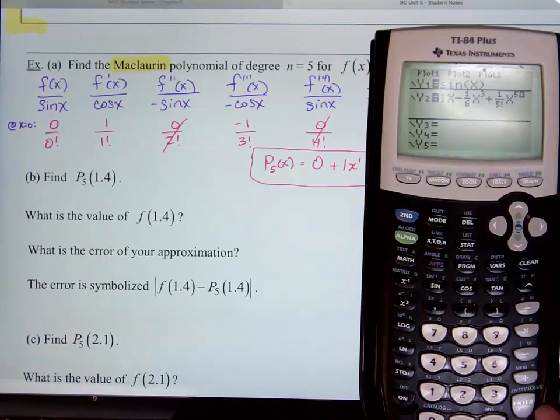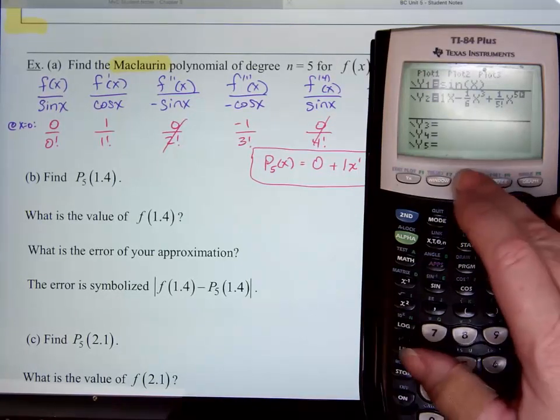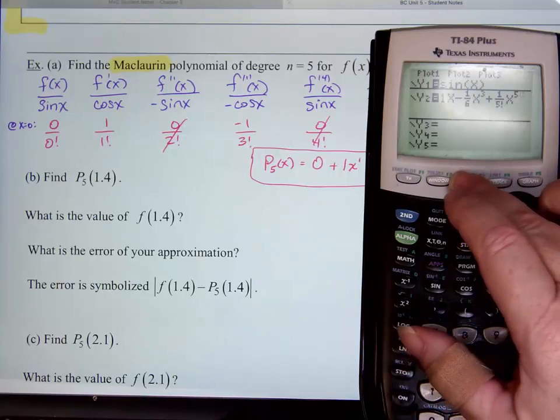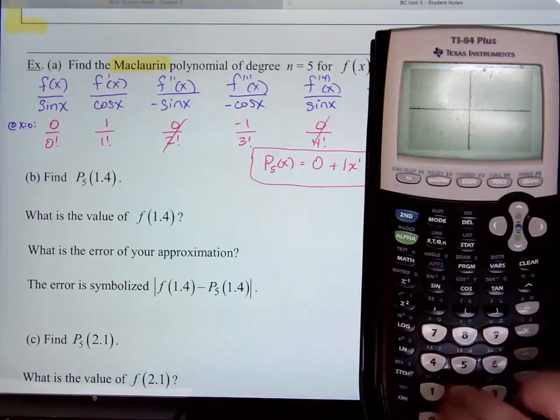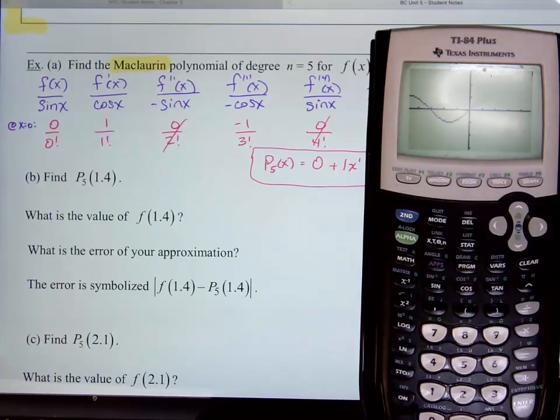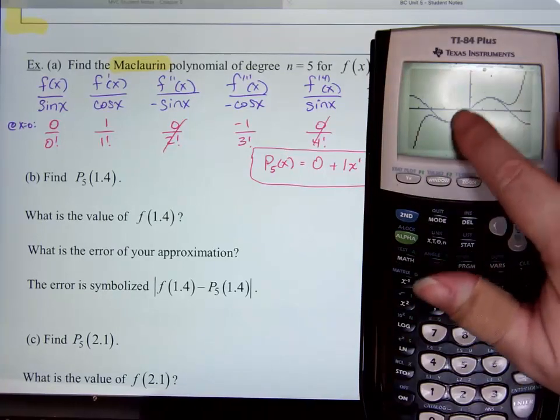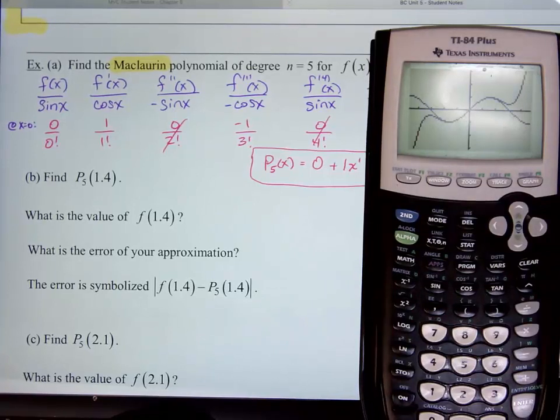Okay? Now, if we do a zoom 4, here comes sine, and here comes the Taylor polynomial. Do you see that around 0, they're the same graph? They're exactly the same graph.